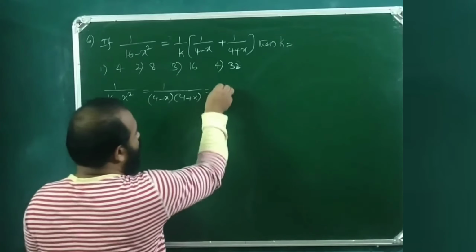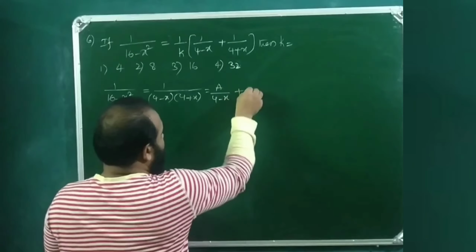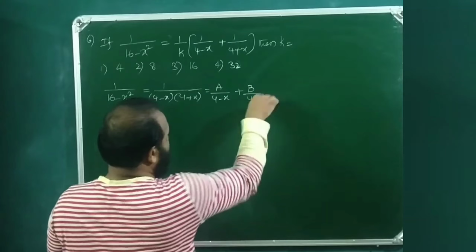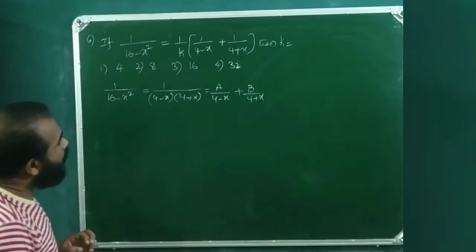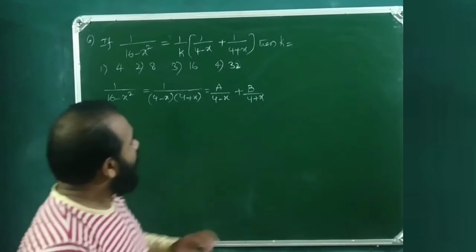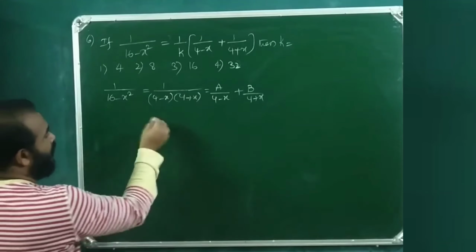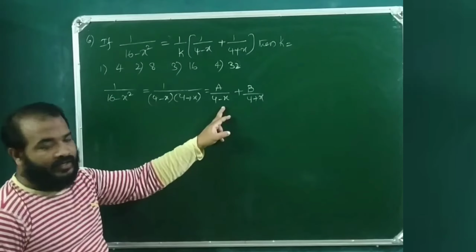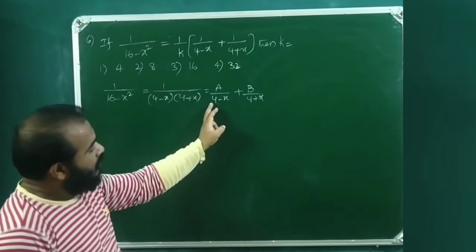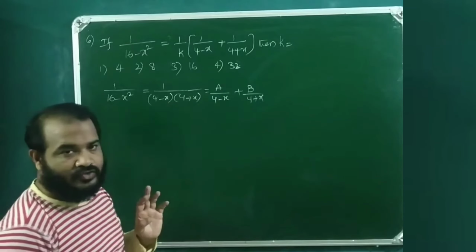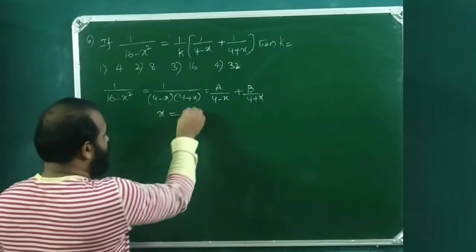So a by 4 minus x plus b by 4 plus x we will take. Now, to obtain the value of a, take 4 minus x equals 0, x equals 4. Put x equal to 4.